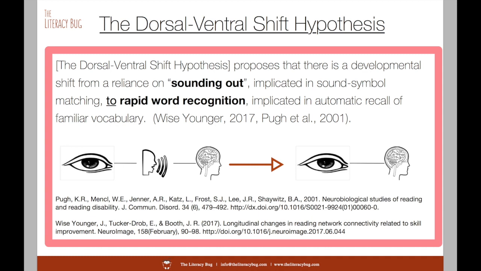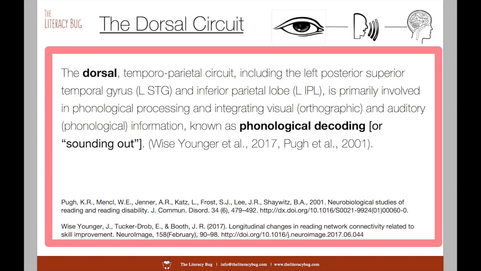And this research points out that, yes, eventually what's most efficient is that we're not decoding, even subconsciously, each word at a time, but we're recognizing that that visual form is a pattern that I know. But we can't get to that phase, which we'll call the ventral phase, until we've gone through the sounding out phase, the phonological processing phase, which is the dorsal phase.